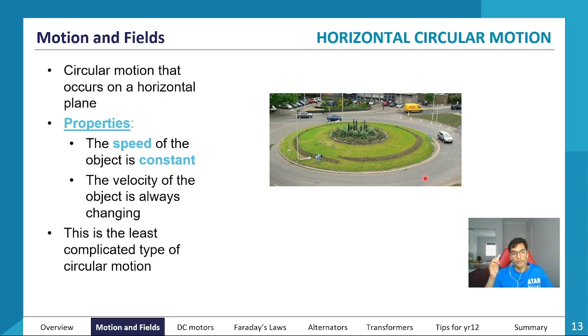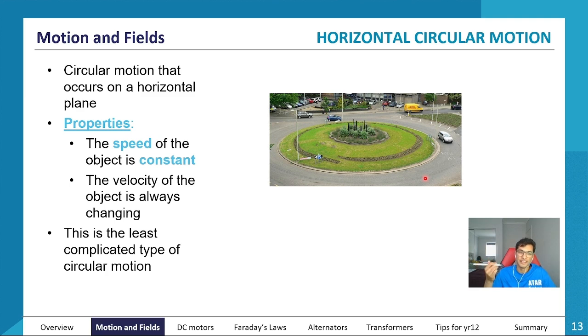However, speed is, for the most part, constant. You're traveling at the same speed, but because your direction is changing, your velocity is changing, so you're experiencing acceleration, and therefore some type of force.